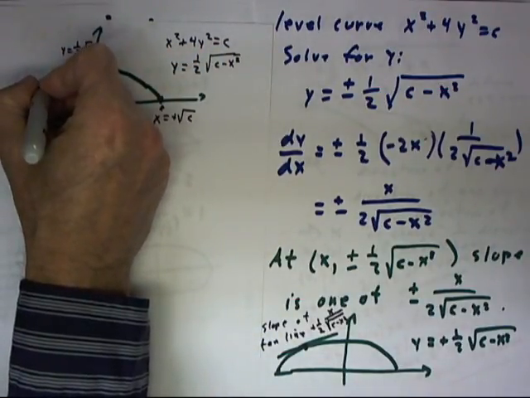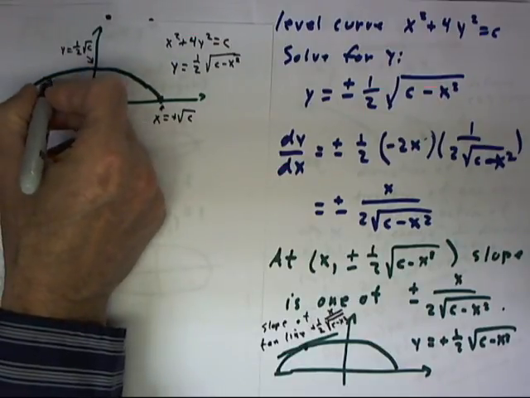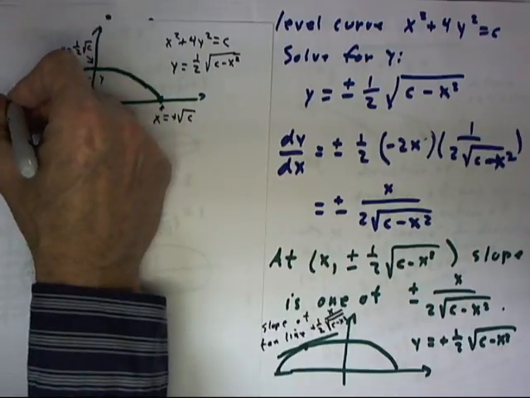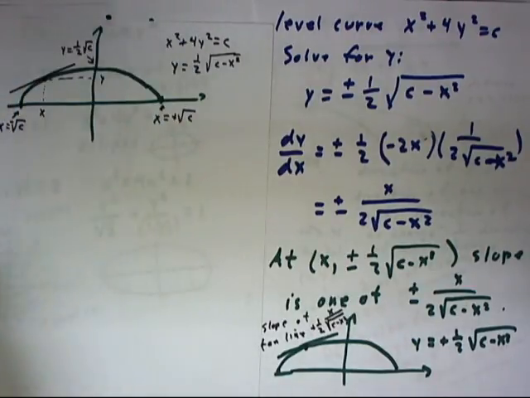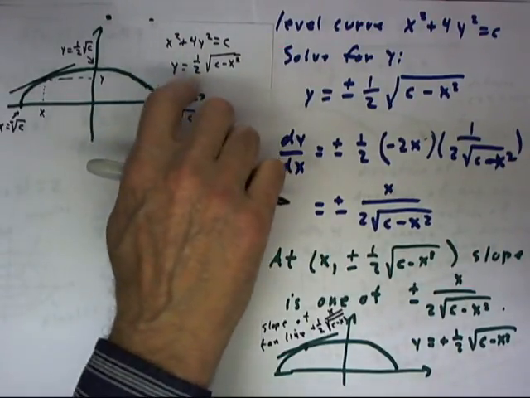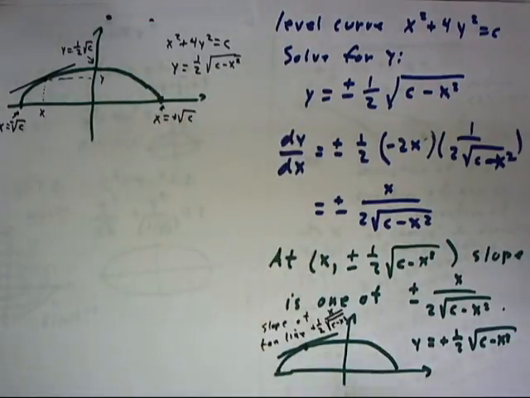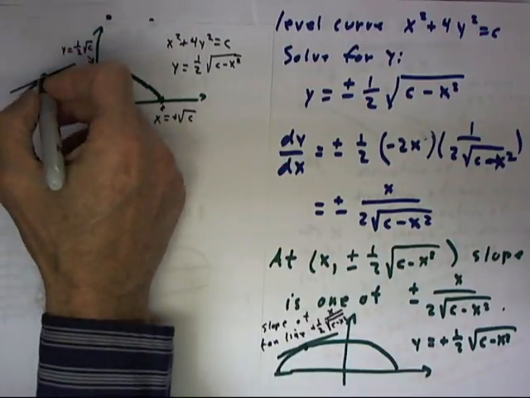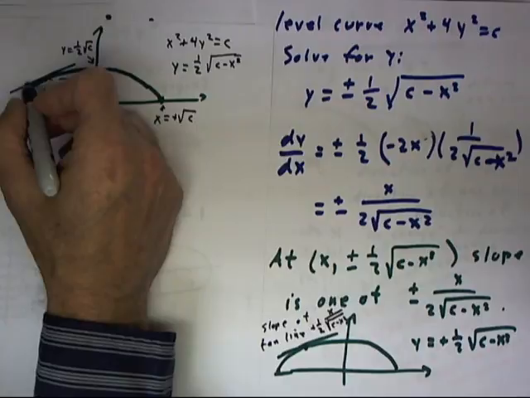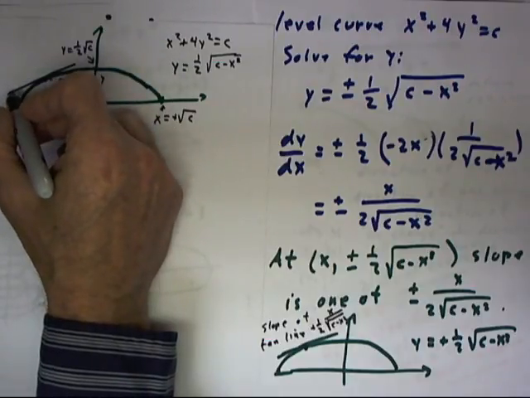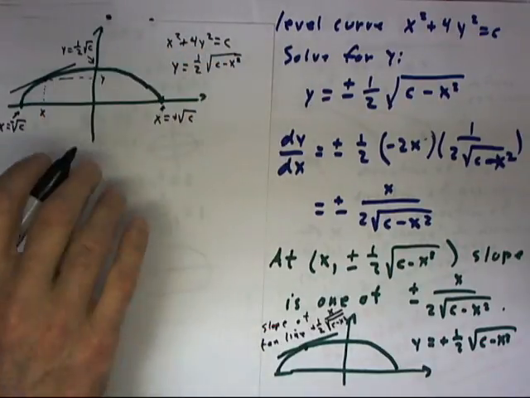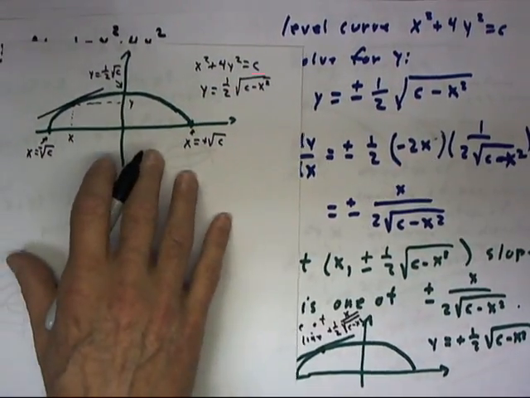Now, again, if we have some point x, y on the curve, our tangent line has slope that's equal to the value of the derivative at that point. At this point, in the second quadrant, we see that the tangent line is always going to be increasing as we move to the right. The slope of the tangent line will always be positive.